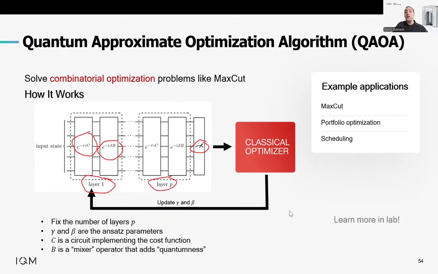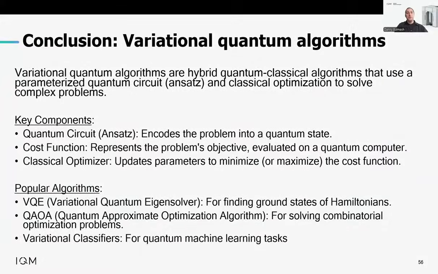And that we're going to learn more about in lab, but it's useful for MaxCut, things like financial portfolio optimization, and scheduling problems. So I ran a little bit over, but let me wrap up. Variational quantum algorithms are hybrid quantum classical algorithms that use an ansatz, a parametrized quantum circuit, and classical optimization to solve complex problems.